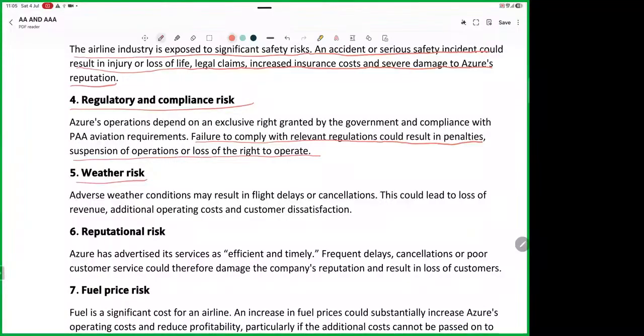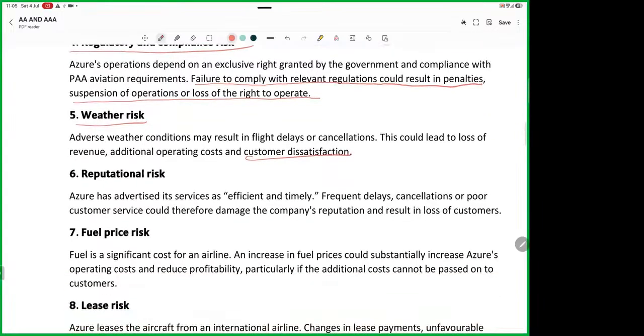This could lead to loss of revenue, additional operating costs, and customer dissatisfaction. Number 6, reputational risk. Azure has advertised its service as efficient and timely. Frequent delays, cancellations, or poor customer service would therefore damage the company's reputation and result in loss of customers.